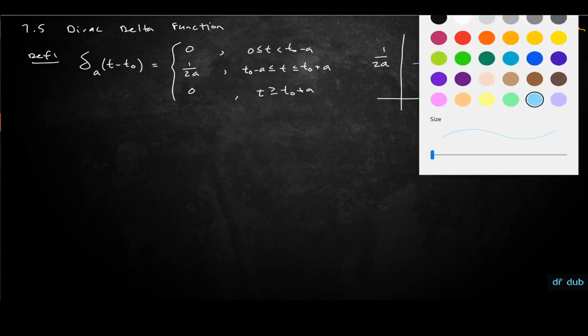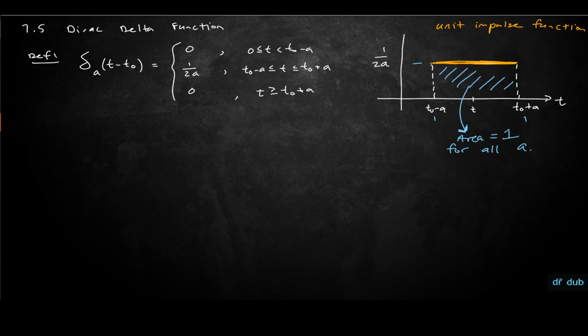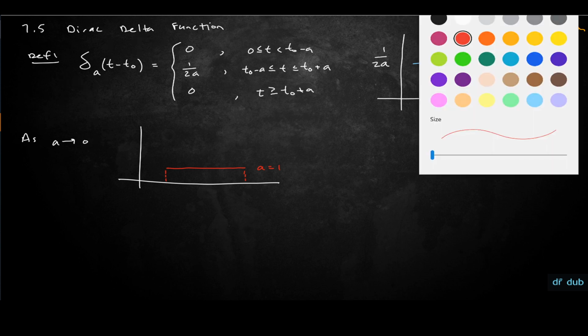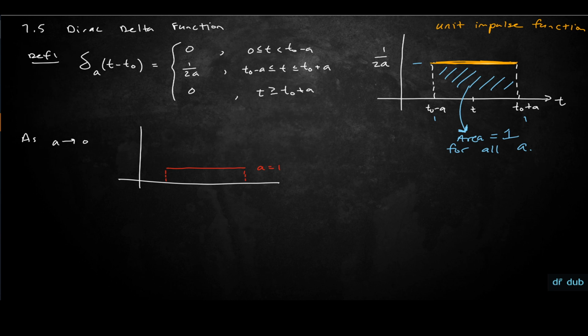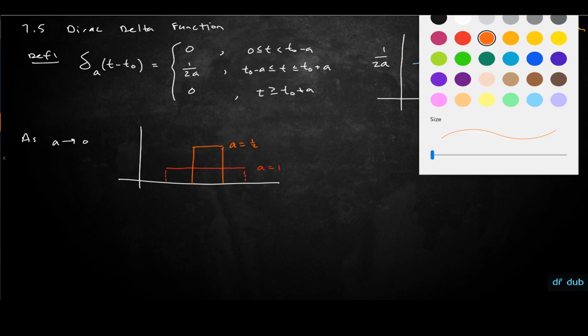If we shrink a, so as a goes to 0, we see the function get taller and taller. So let's plot different values of a. Maybe a is 1, and then a different a value, a is 1/2, and then maybe a is 1/4.